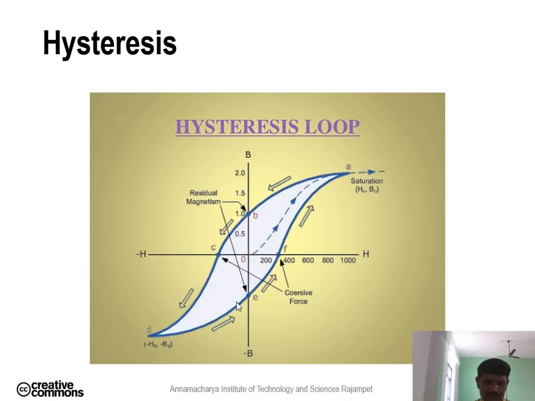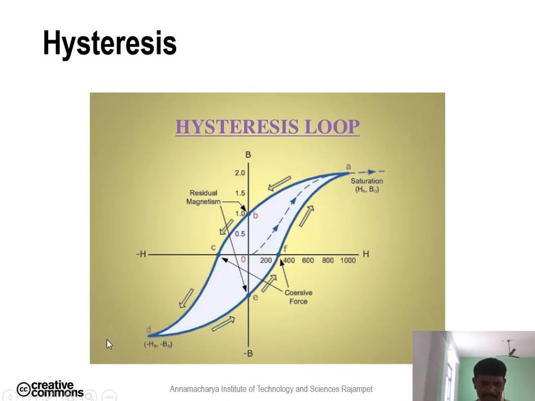Again the magnetic field decreases to a very low negative value. With increasing negative magnetic field, the magnetization also decreases, and this decrease is maximum at point D on the negative side. So this is saturation magnetization on the negative axis.